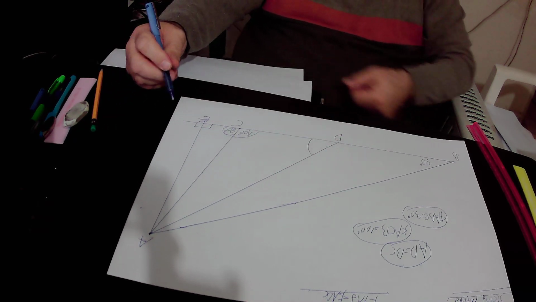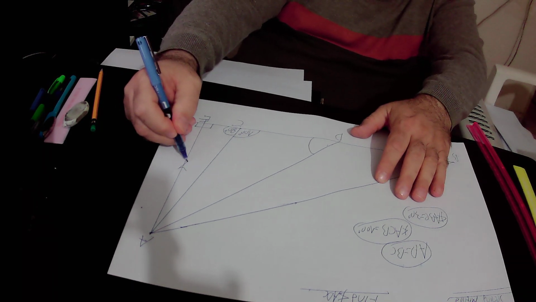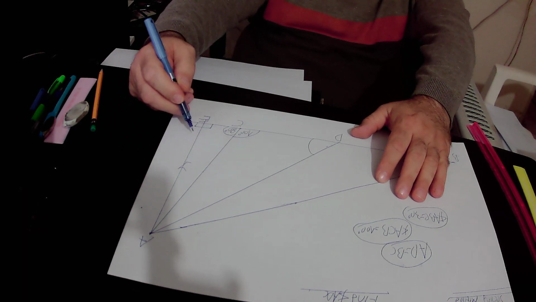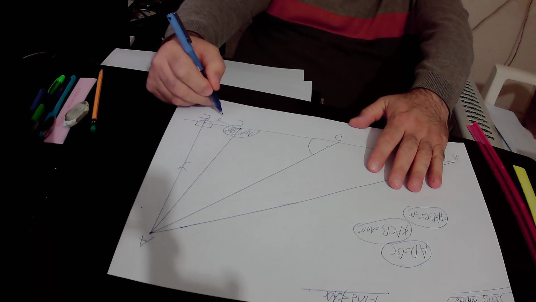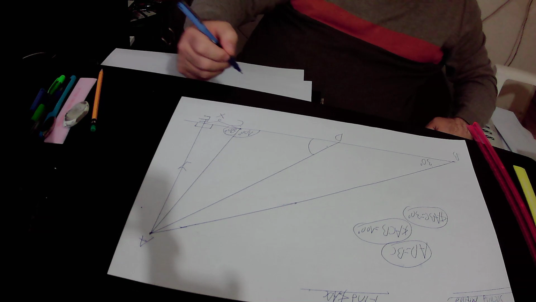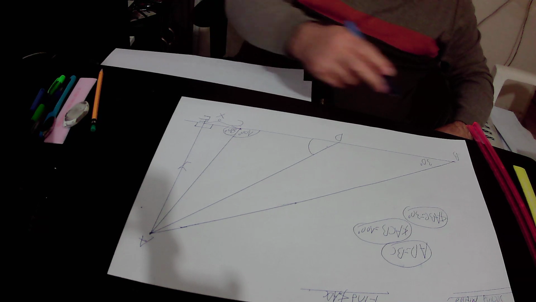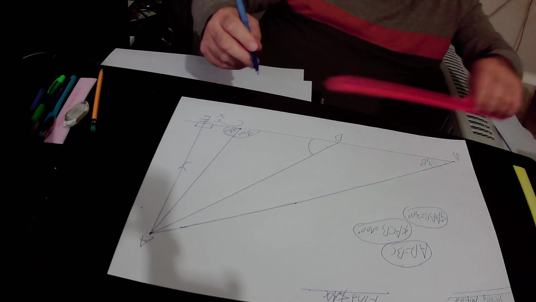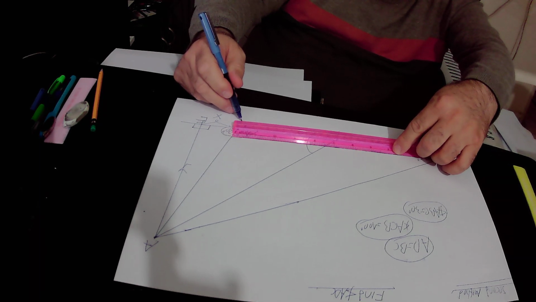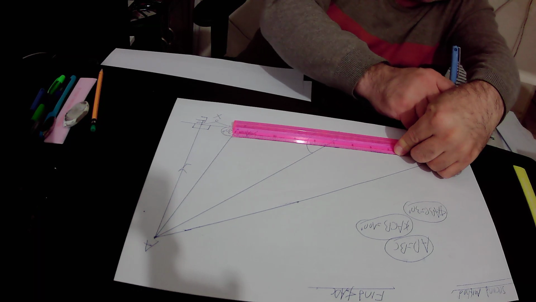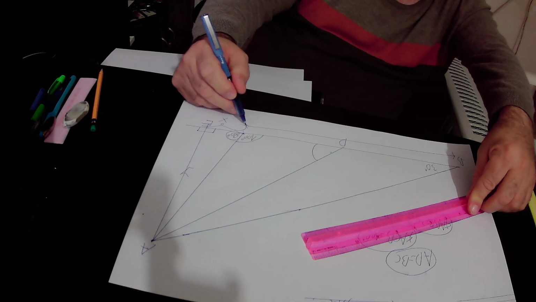We will define line segment AE as y, that is to say the length of line segment AE is y units, and we will define line segment CE as x. We will define BC as A, so BC equals A units.